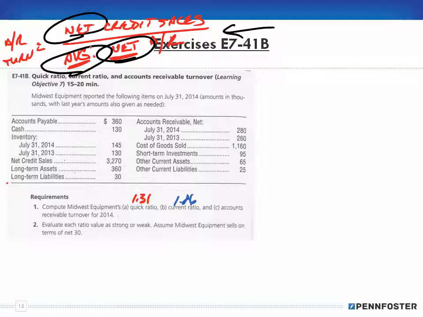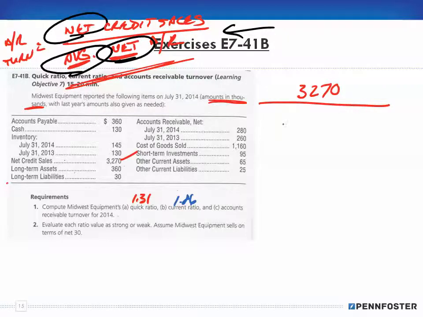Because especially the denominator here, your average net receivable, is not as easy as picking out numbers. Okay. All right. So our net credit sales, they already gave us the net credit sales of 3,720, and remember the amounts are in thousands, okay? And that's going to be divided by my average, which is 280 plus 260, all divided by 2.